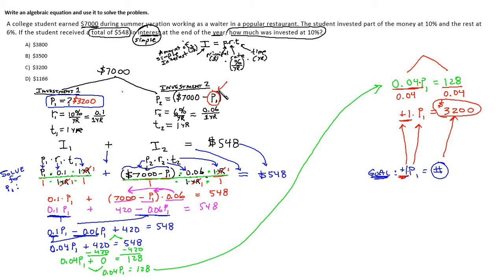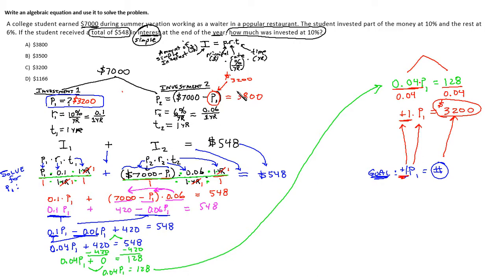If we put in 3,200 here, we could find out how much the student invested in the 6% investment. So what would that be? 7,000 minus 3,200 equals 3,800.